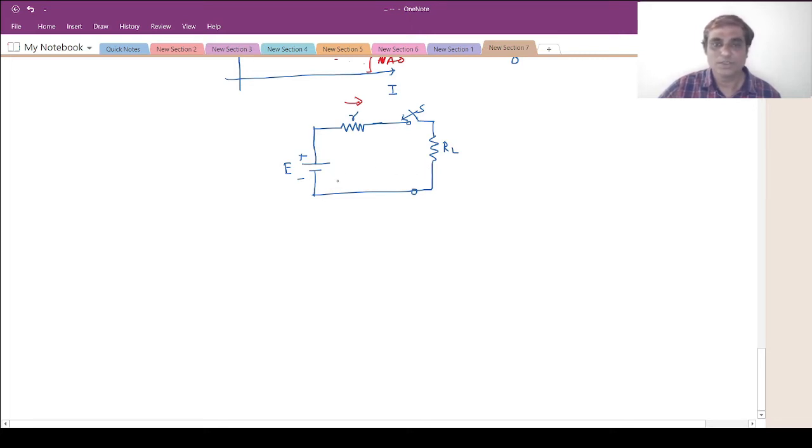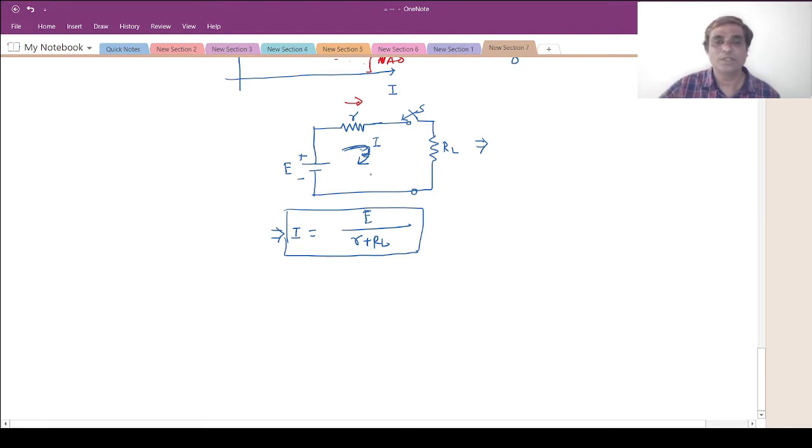How much current is flowing in this circuit? You can find out using this: I will be the voltage supplied by the battery, E, divided by the total resistance, which is R plus RL. So this much current will flow when the switch is closed or when the load is connected.